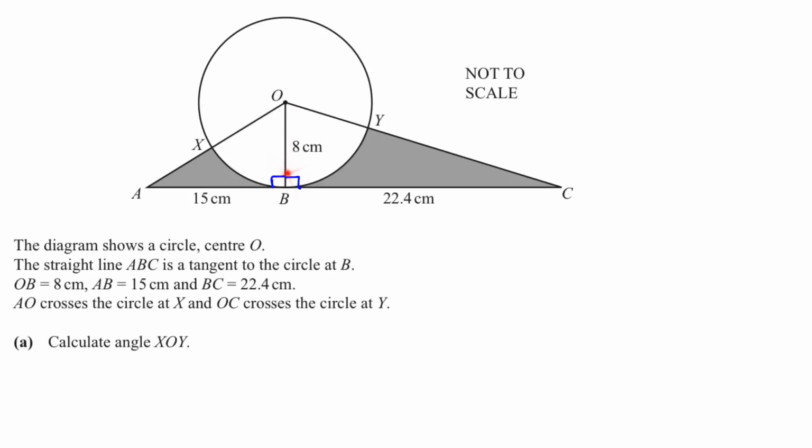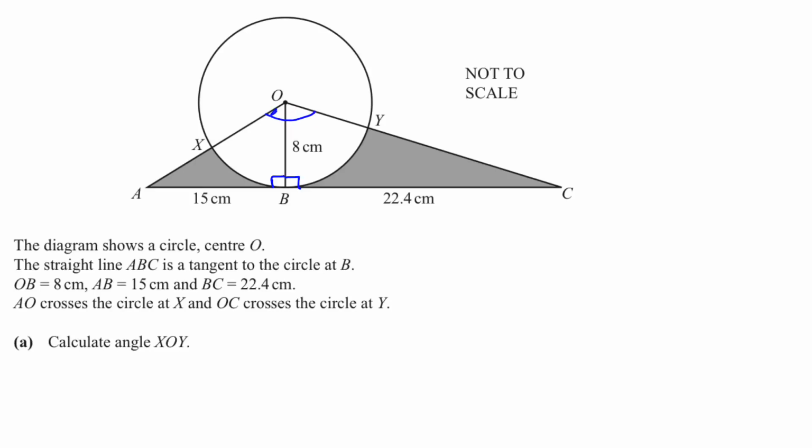OB is 8 centimeter, AB is 15, BC is 22.4 centimeter. AO crosses the circle at X and OC crosses the circle at Y. Part A of the question tells us to find the angle XOY. This is the angle we need to find, XOY.